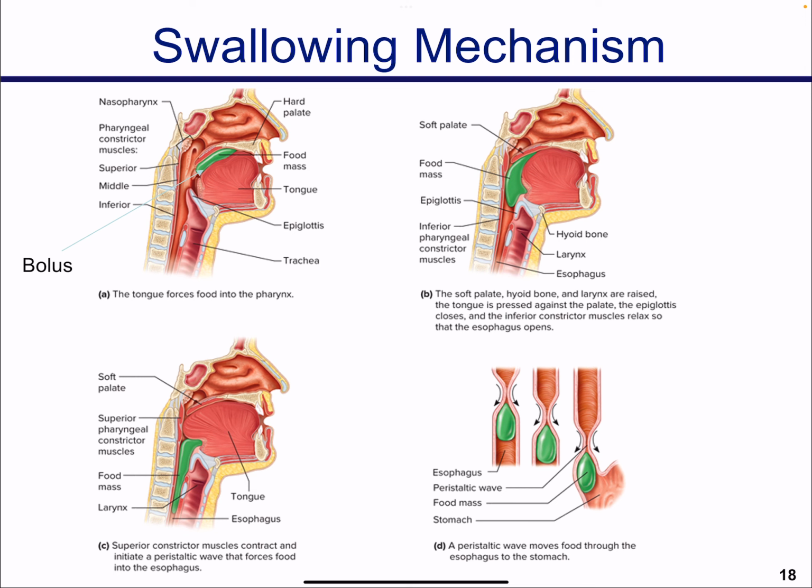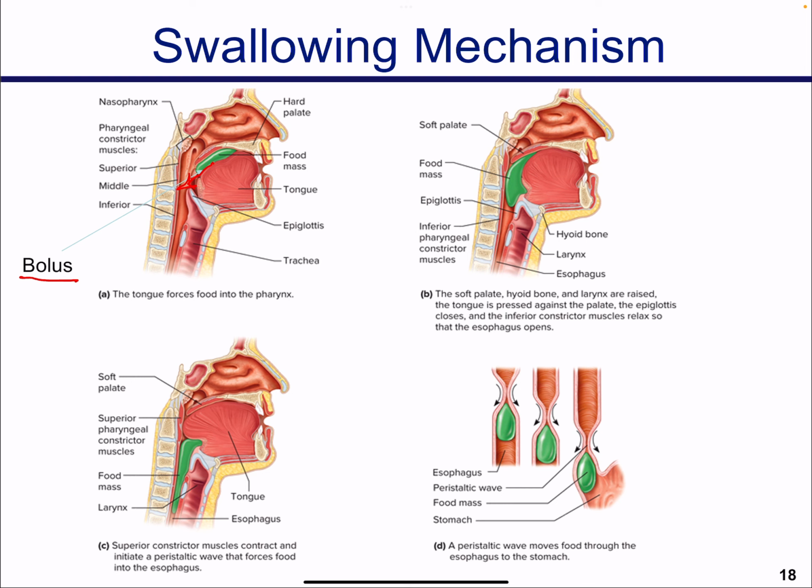The food is going from a chunk that it was to a dough-like structure. That dough-like structure, food mass, it's not called food anymore, it's called bolus. That bolus is going to be pushed by the tongue toward the back of the mouth.